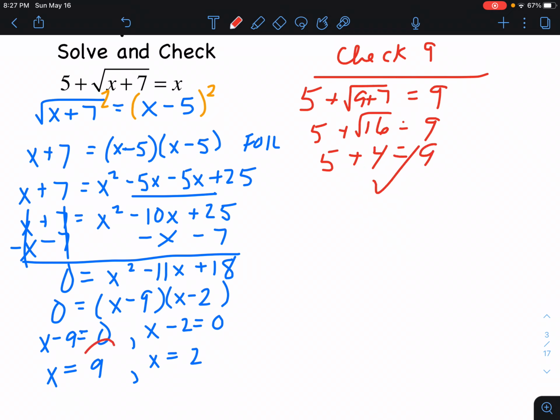And 9 works out to be okay, so 9 is in fact a real solution. And now I'm going to check to see if 2 works out.